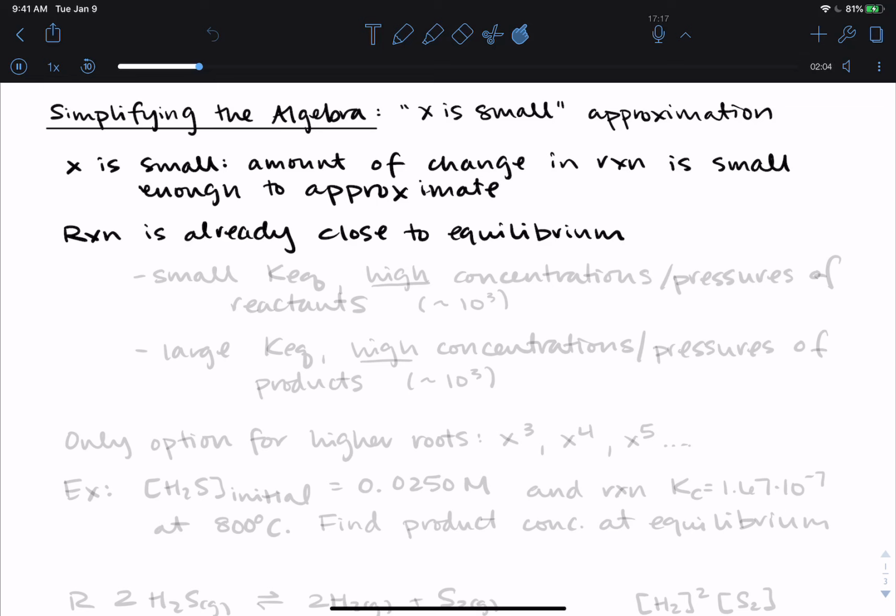A reaction already close to equilibrium means that if you have a small Keq, then you have high concentrations or pressures of the reactants.